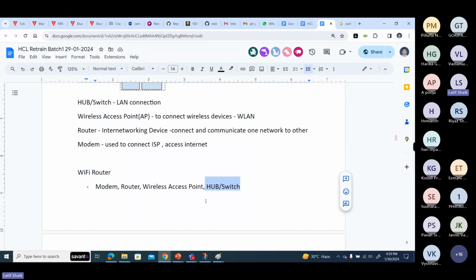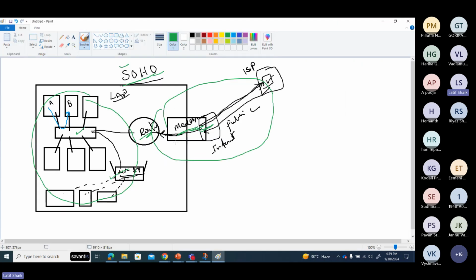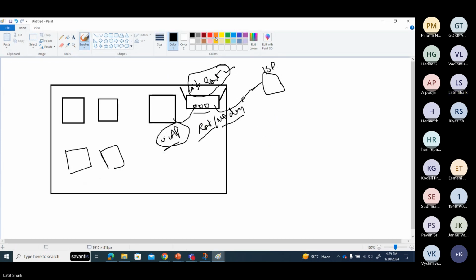And of course, the backside of the Wi-Fi router, we have connectivity. And two more points. Your Wi-Fi router also acts like a default gateway and DHCP server and DNS server also. Because when you are going to communicate outside of the network, you have to go through this one only.